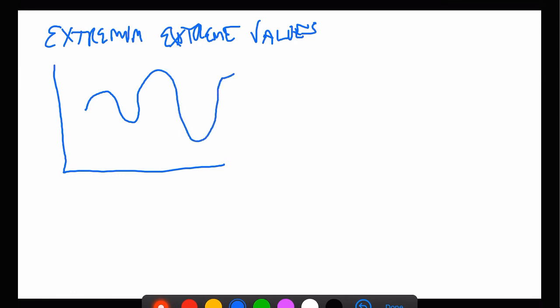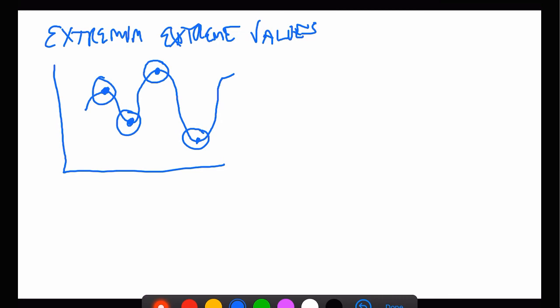Okay? What are the extreme values? Well, extreme values are any place where this line hits a peak or a valley. It hits a high point or a low point. Okay? So, all right, those are all extreme values.